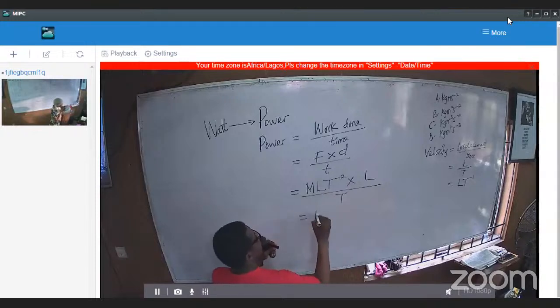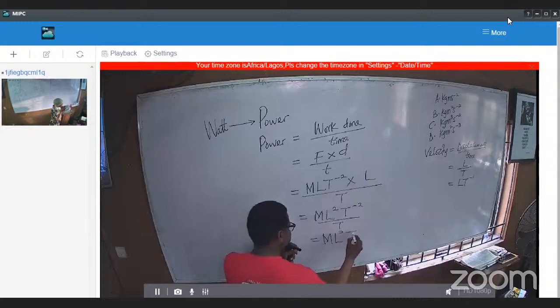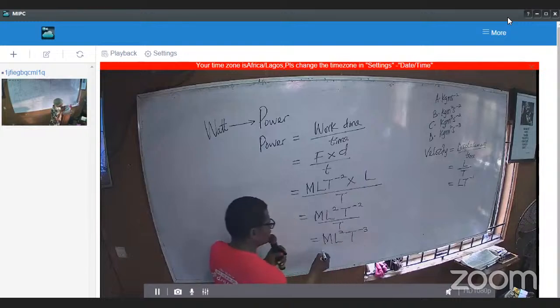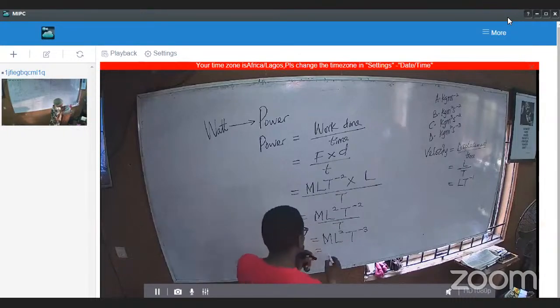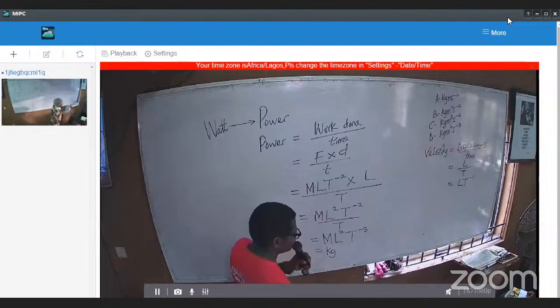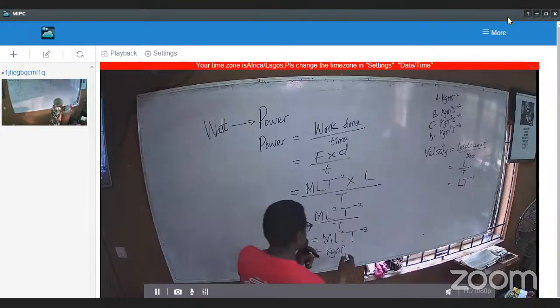T. So L times L gives L squared, and MLT minus 2 times L over T gives ML squared T minus 3. Mass is M, what's the unit of mass? L is length, what's the unit of length? T is time, what's the unit of time? So what's the answer there?